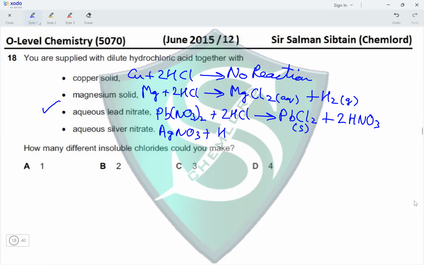When this reacts with HCl, this produces AgCl, which is another insoluble chloride, and it also produces HNO3. So silver chloride is the second insoluble chloride that would be produced out of these four reactions. So in total, two insoluble chlorides have been produced, making option B the correct option for this question.